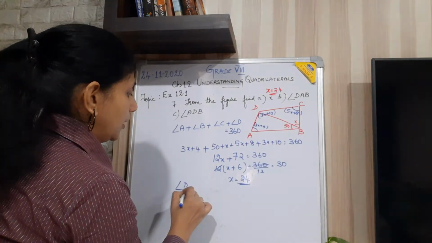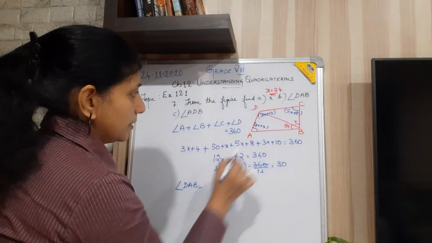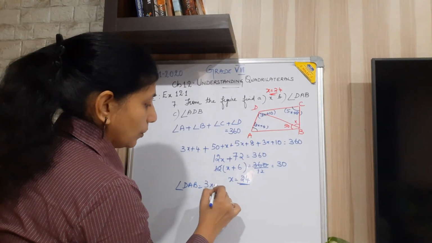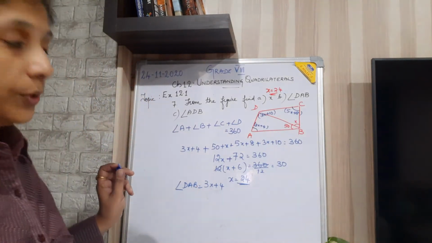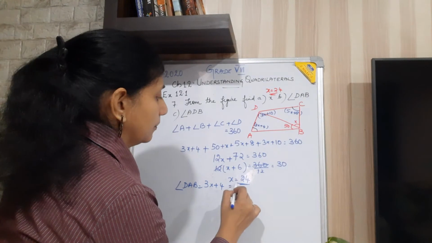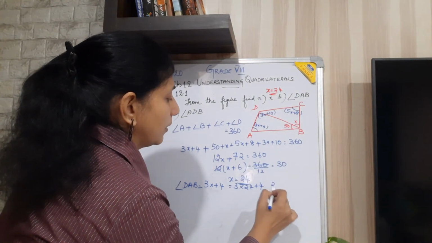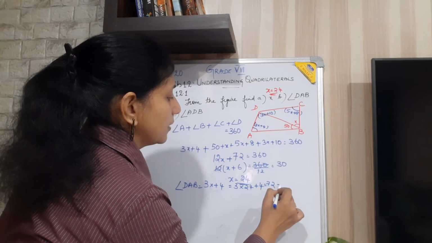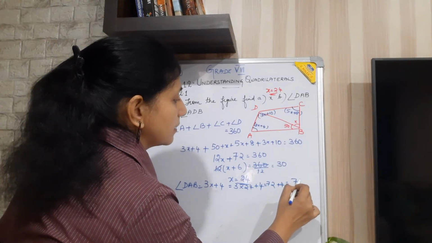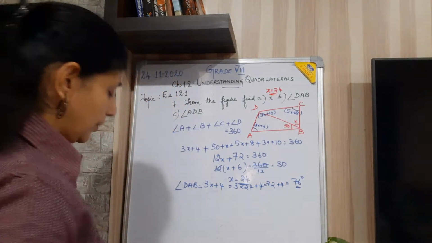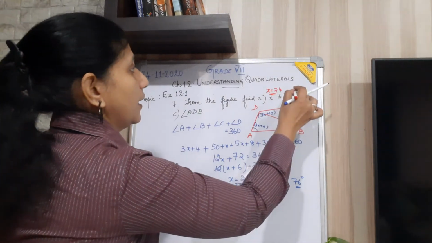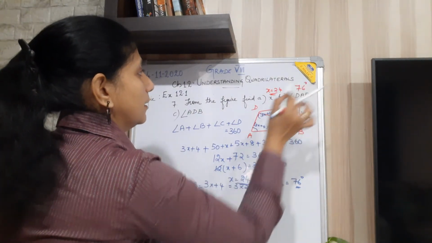Angle DAB equals 3x plus 4, so 3 into 24 plus 4. 3 into 24 is 72. 72 plus 4 is 76 degrees. So you got DAB as 76 degrees.